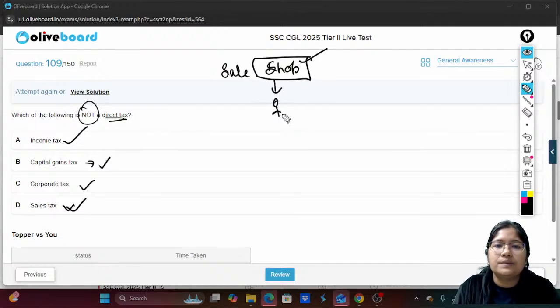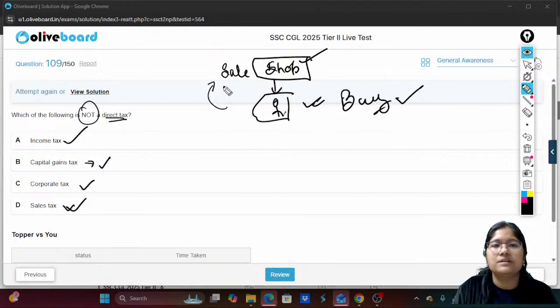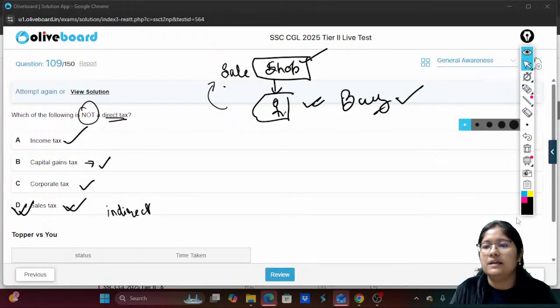No. The shop is selling to the customer, and the person who buys the product is the person who is bearing the sales tax, right? So is it direct tax or indirect tax? Sales tax is indirect tax. So what is the correct answer? Sales tax is not a direct tax. It is an indirect tax.